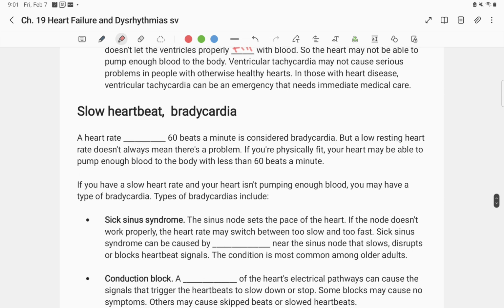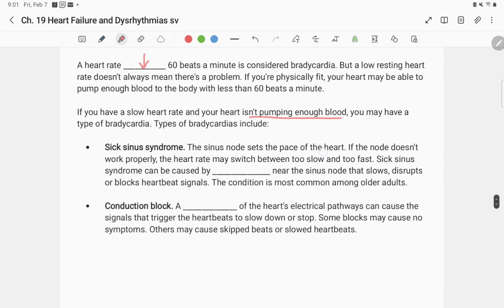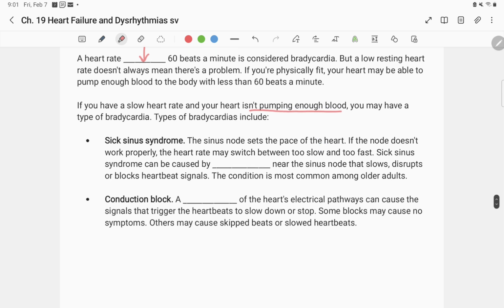Okay, bradycardia is a heart rate below 60 beats per minute. If the heart rate is too low, then the heart isn't pumping enough blood. Okay, sick sinus syndrome. The sinus nodes set the pace of the heart.